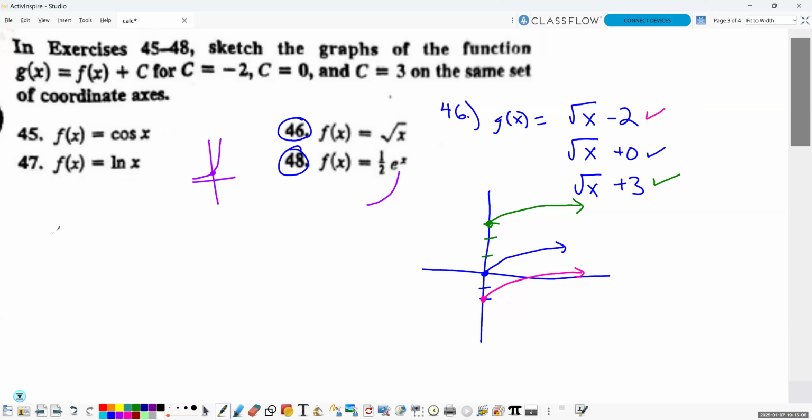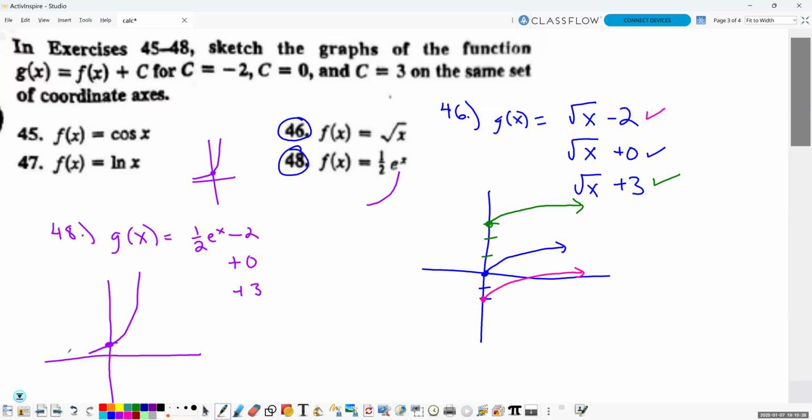So let's see. We've got 48 g of x. We got minus 2, plus 0, and plus 3. So here's for the, oh, that's beautiful. Check.